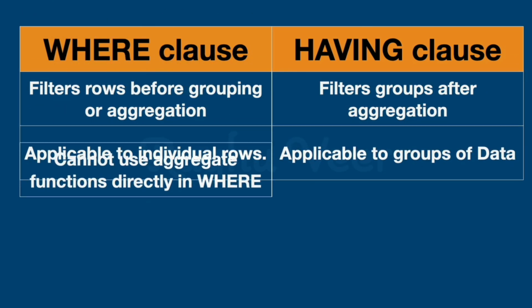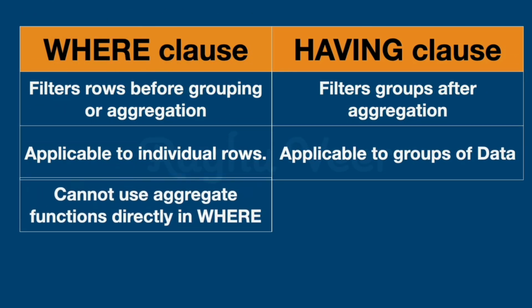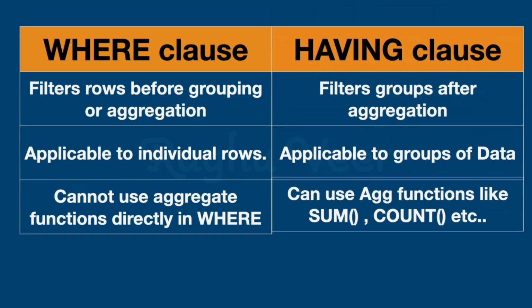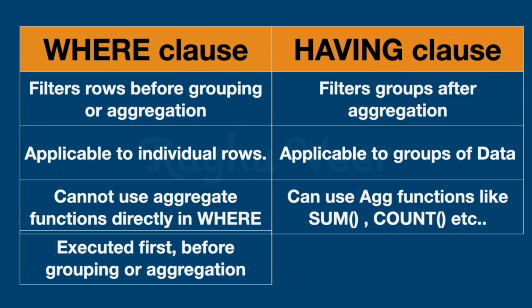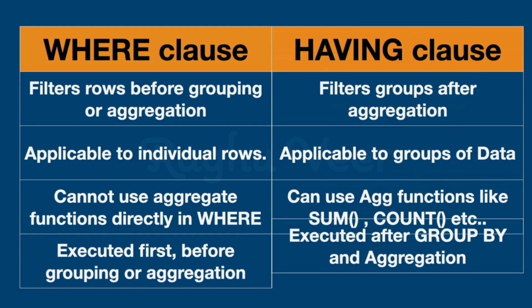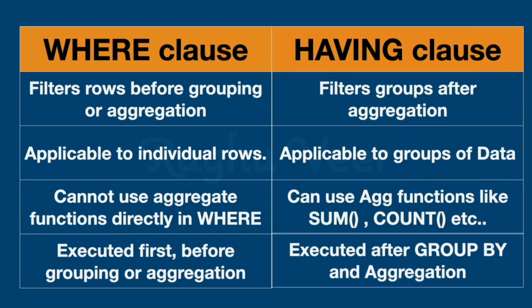Inside a where clause, we cannot use aggregate functions, but we can use them in having clause. And finally, if you look at the execution order, where clause is executed first before grouping, and having clause is executed only after grouping or aggregation.